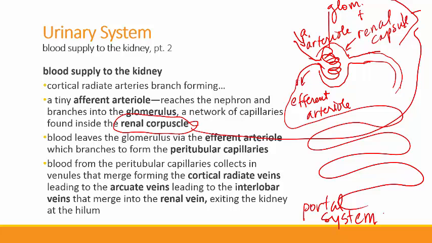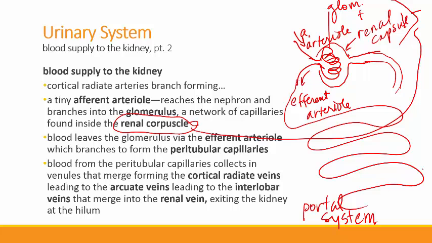Okay, so the peritubular capillaries surround the renal tubule, and eventually that blood all collects into venules that merge and merge and merge, forming the cortical radiate veins, and they track right near the radiate arteries.